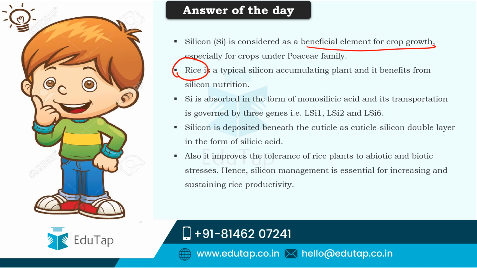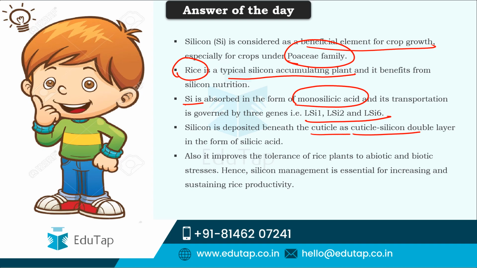But silicon is considered as a beneficial element, though it doesn't come under either primary or secondary nutrients, especially for crops under Poaceae family. And rice is a typical silicon accumulating plant, and this silicon is absorbed in rice in the form of monosilicic acid, and its transportation in rice plant is governed by these three genes. And this silicon is deposited beneath the cuticle as cuticle silicon double layer in the form of silicic acid.